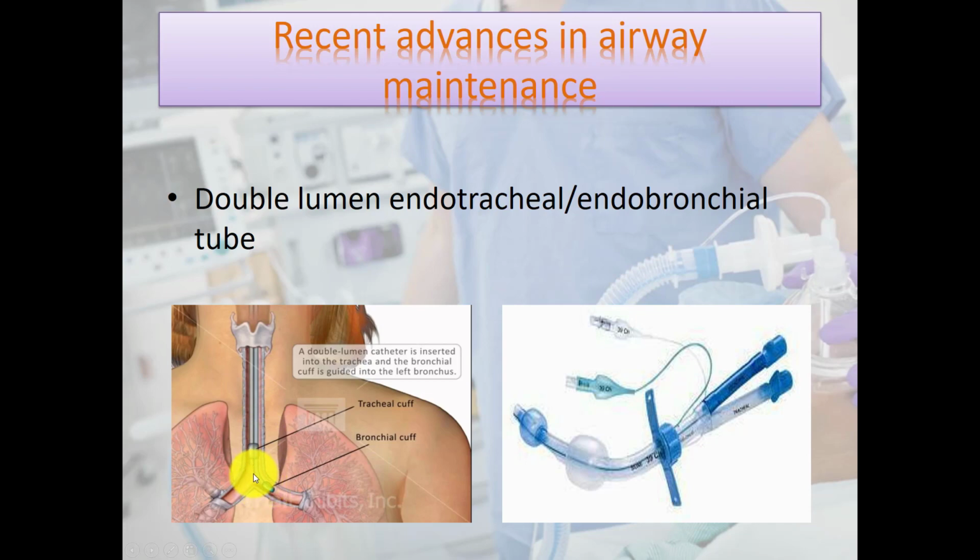So if for example you have to perform surgery on this lung, initially both channels are working and air is coming into both the lungs, but once you reach the point where you have to stop ventilation in this lung so that you can perform surgery, in that case the anesthetist will stop ventilation only in this lung and the other lung will continue to be ventilated.